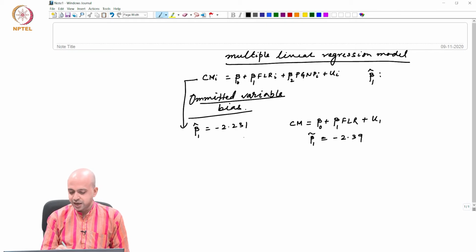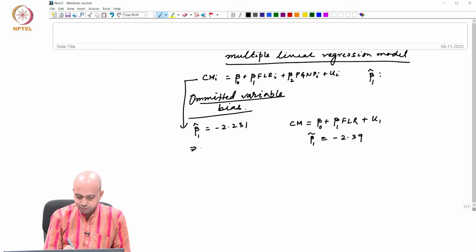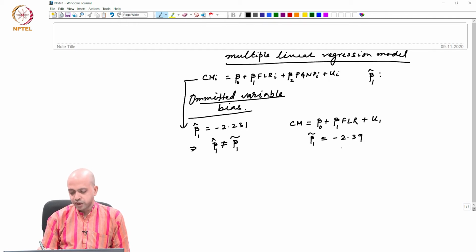So, we can easily understand from this that beta 1 hat is not equal to beta 1 tilde. It is minus 2.231 versus minus 2.39, right. There is a change in the value of beta 1 tilde. So, there is a bias when we do not include the other relevant variable in the model. Okay.